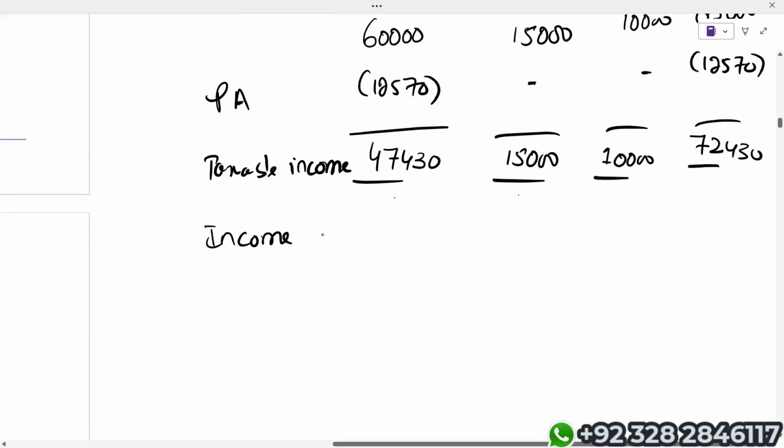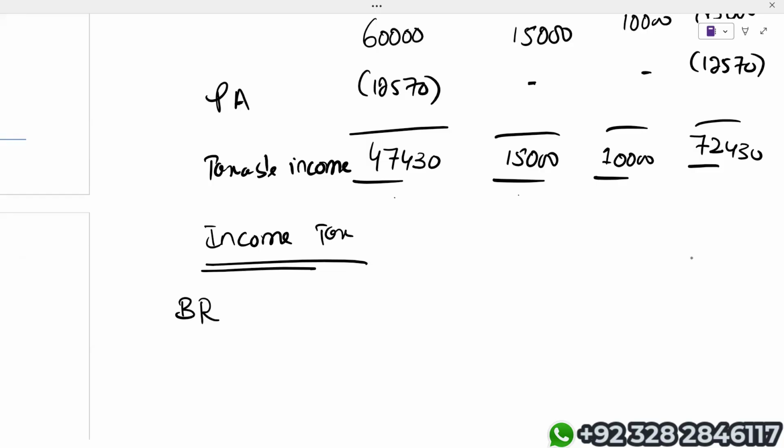Income tax. The limit for the basic rate band is 37,700. First, we have to apply income tax rates on non-saving income. So 37,700 into 20%, we'll get 7,540, if I'm not wrong. Let me check as well. Yes. Now, students, the basic rate band is over.